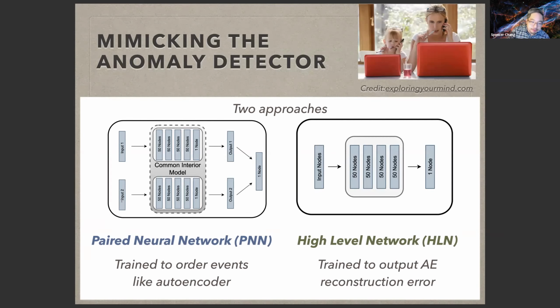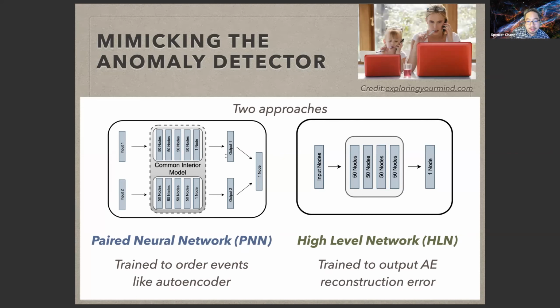They come out with an output for each of those events. So there's a deep neural network here that is trying to get a number for event 1 and a number for event 2. At the very final step, we take the difference of these and put it through a sigmoid. If output 2 is bigger than output 1, the sigmoid will push it to 1 if there's a big difference. And the other way, it would push it to 0.